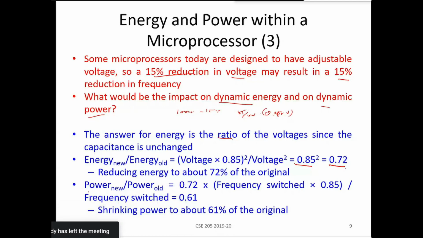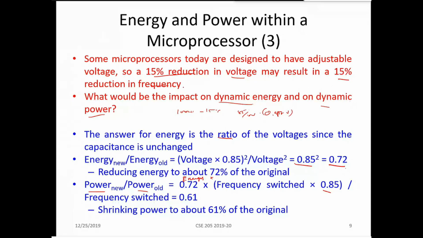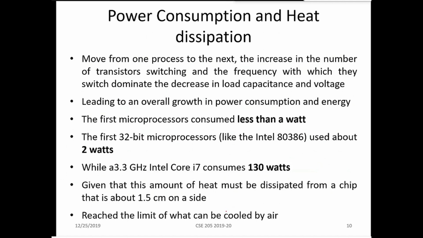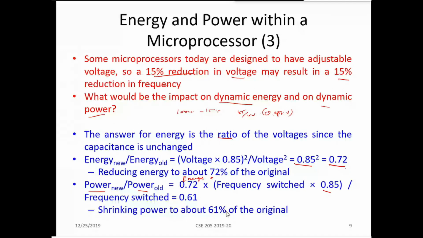Similarly, for the power new and power old, we know the formula is the energy times the frequency switched. Here there is also a 15% reduction in frequency for the new one, divided by the old. You will get the value 0.61.